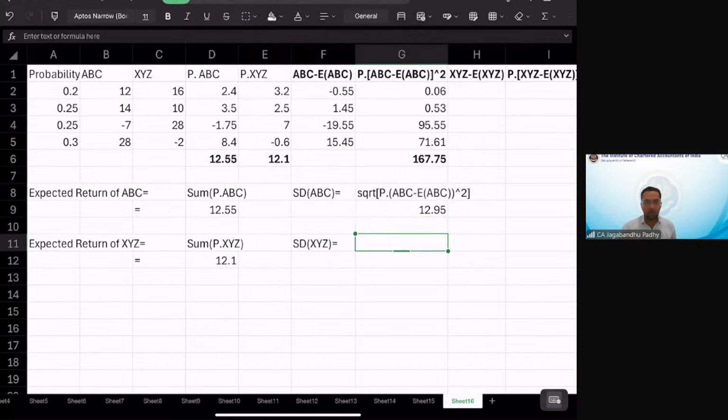Now, same way, get the standard deviation for XYZ also, guys.